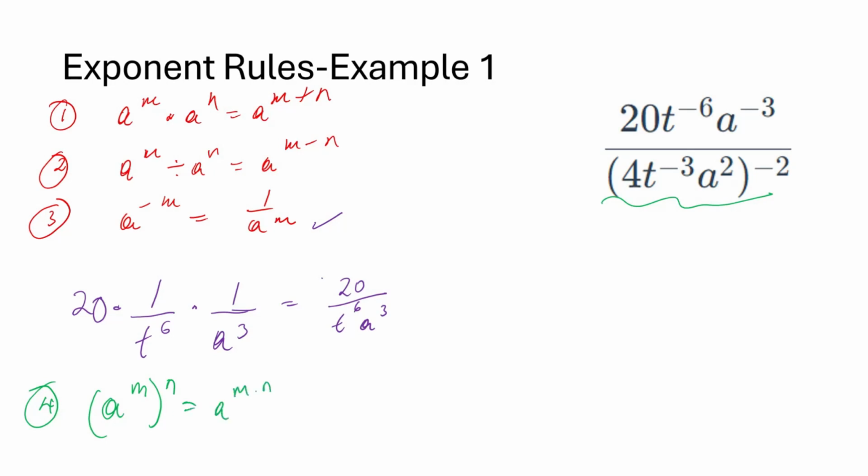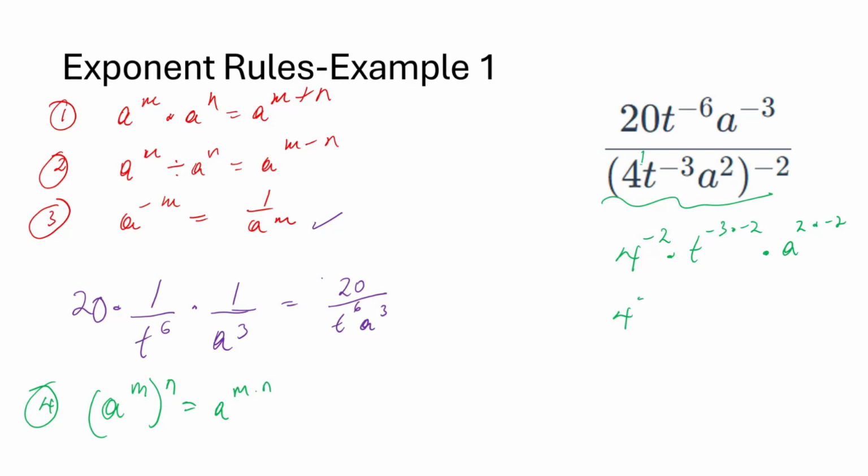So what I'm simply going to do is distribute the negative 2 to all of these using this rule. So this is going to be 4 to the negative 2 times t to the negative 3 times negative 2 times a to the 2 times negative 2. We understand that 4 is raised to 1, so we multiply negative 2 times 1. So let's work this out now.